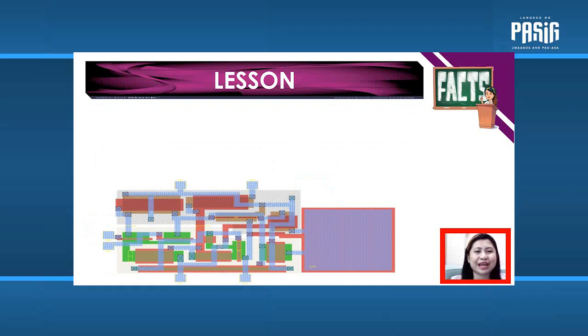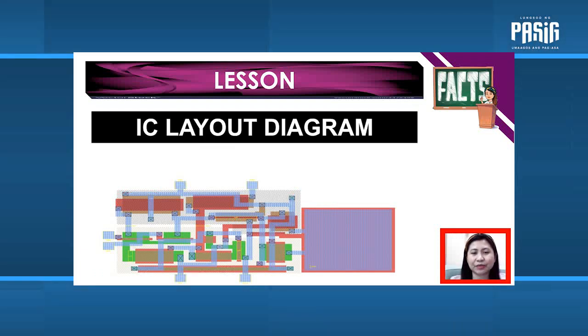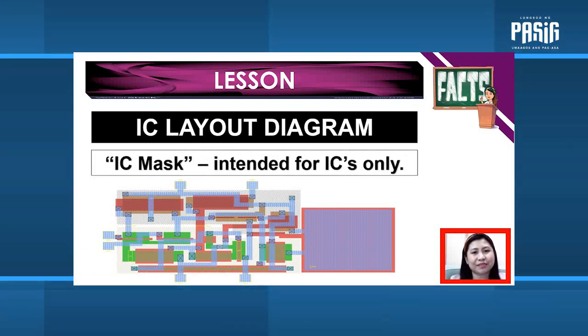And for the last one, we have IC layout diagram, also known as IC mask, intended for ICs only. IC stands for integrated circuit. It refers to the internal design of a semiconductor component. It is made up of multiple layers or masks of metal oxide and semiconductor material to form an integrated circuit.